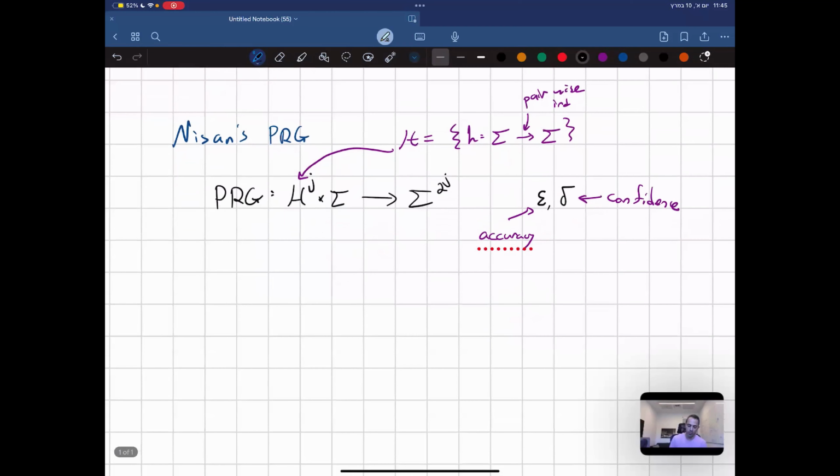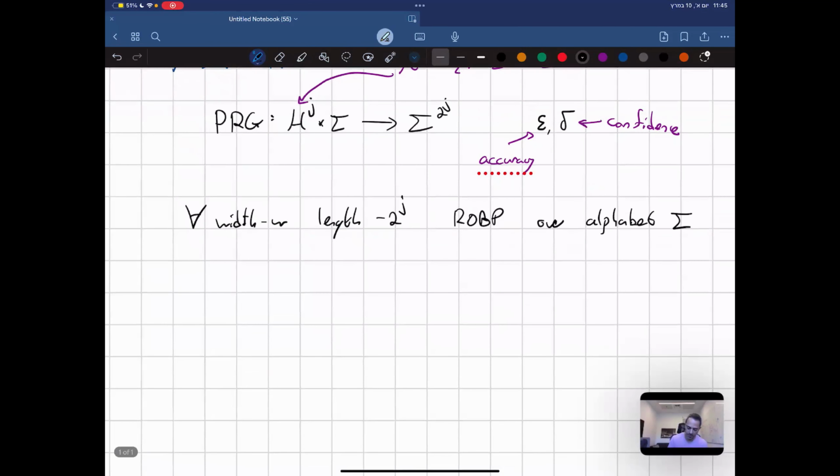So what we proved about Nisan's PRG is that for any width W, length 2 to the J, read-once branching program over alphabet sigma, it looks like you have W states in every layer, and N layers, or N plus 1, depending how you count those.